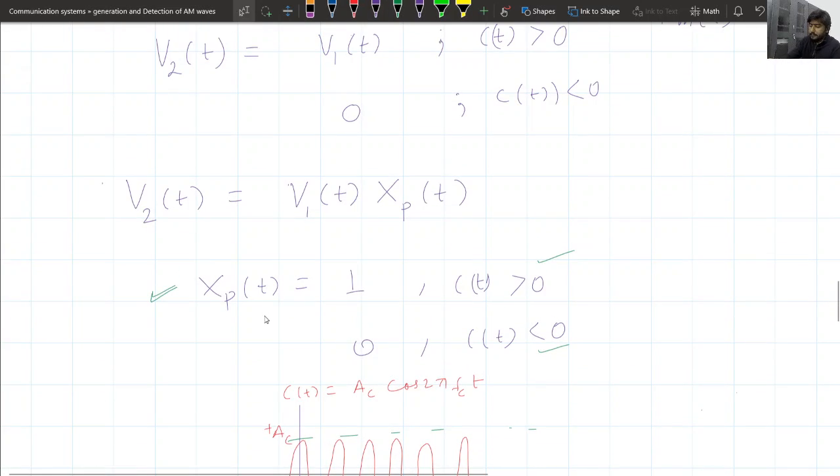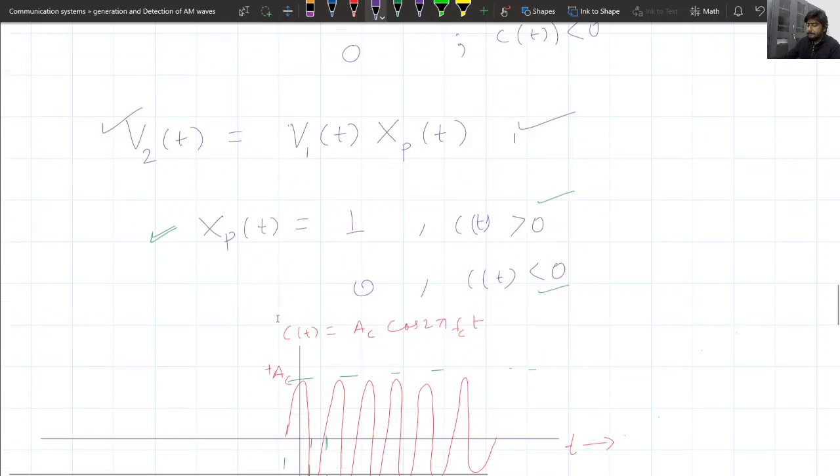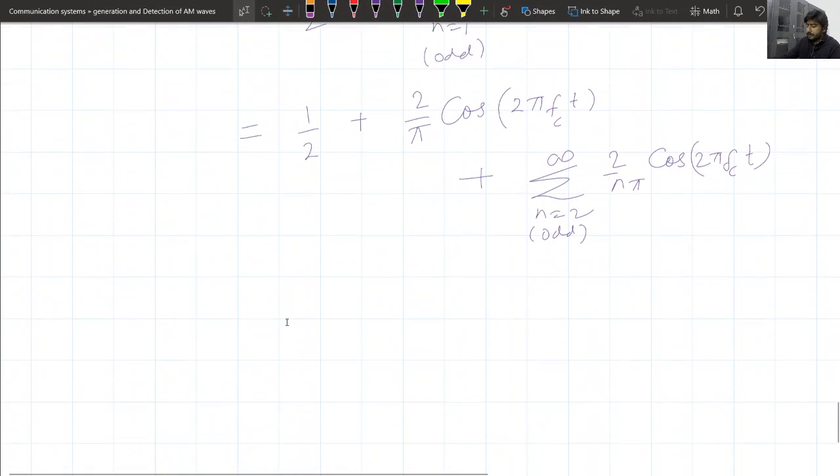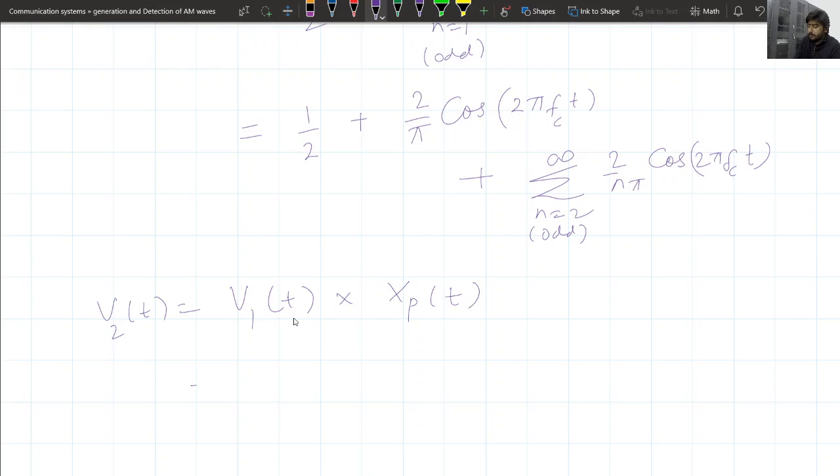then v2(t) will be v1(t) times xp(t). Then we can write the output voltage v2(t) as v1(t) into xp(t), and v1(t), as we know, is c(t) plus m(t), times xp(t), and this is our xp(t).